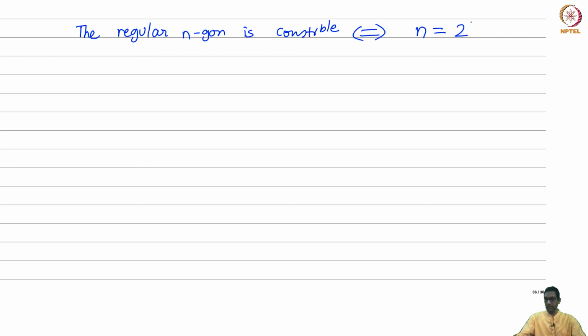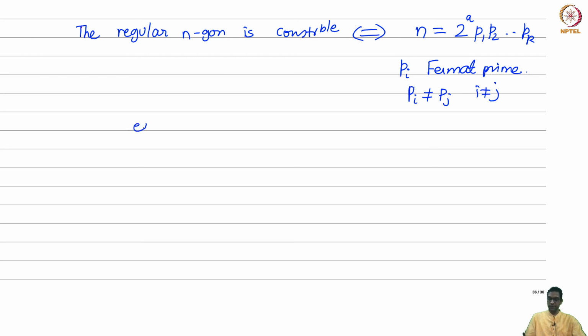So finally we have shown that the regular n-gon is constructible if and only if the following happens: n looks like a power of 2 multiplied by a product of distinct Fermat primes, with Pi not equal to Pj for i not equal to j.